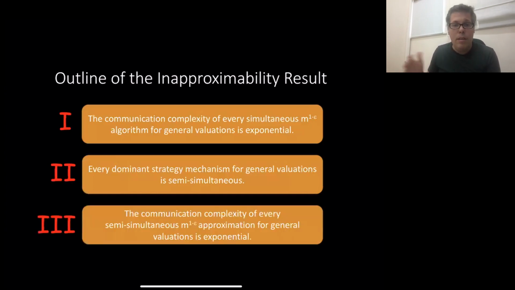And then in the third step, we have to bridge the gap between the two. We show that the communication complexity of every semi-simultaneous mechanism that provides an approximation ratio better than m to the 1 minus epsilon is exponential. And this gives us the theorem that we want. Okay, so that's the idea.